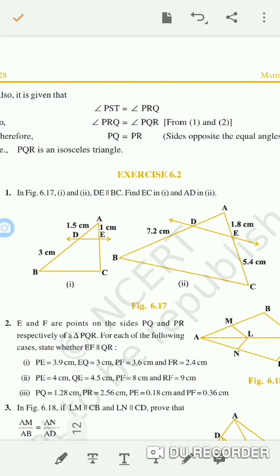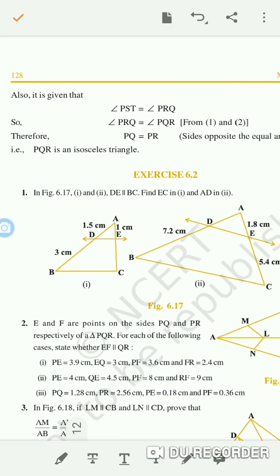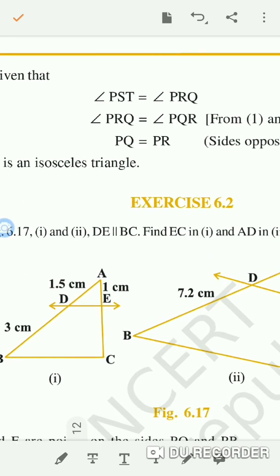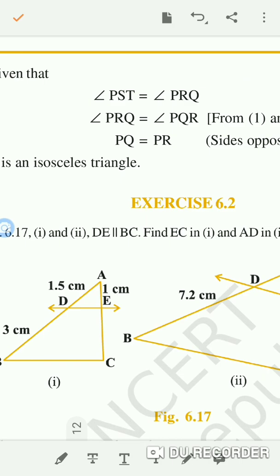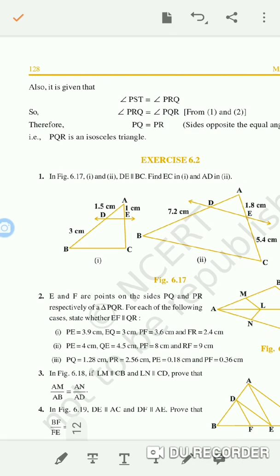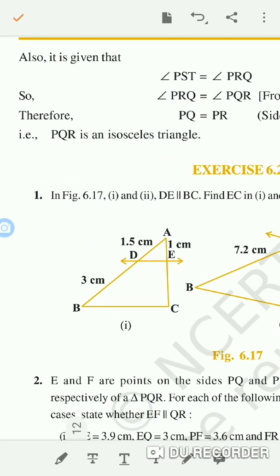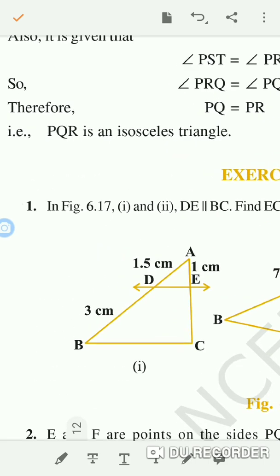That is called the isosceles triangle theorem. So here PQ is the opposite side of PRQ and PR is the opposite side of PQR. So in that way we could prove that two sides of this triangle are congruent. Therefore PQR is an isosceles triangle.